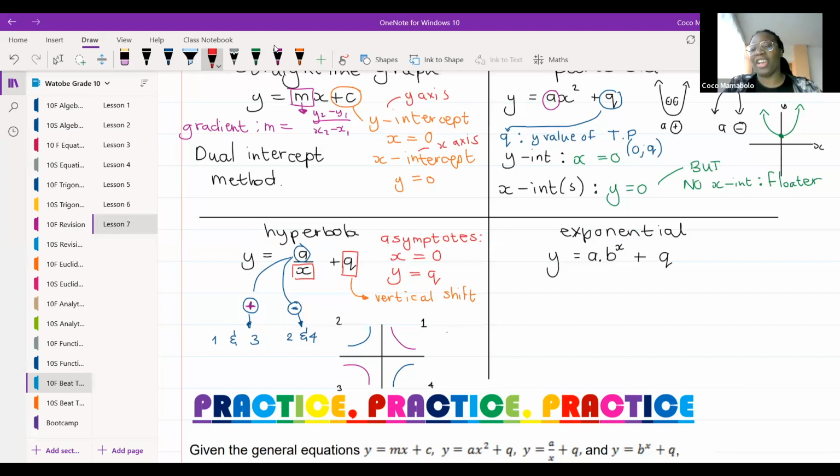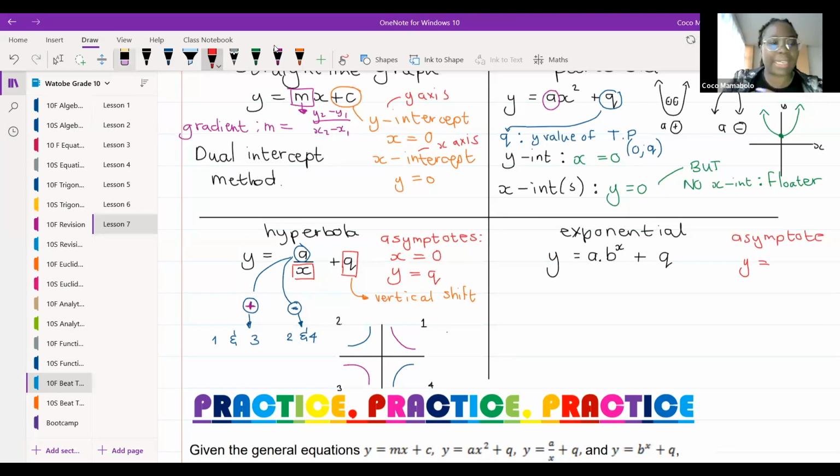Beautifully done. Good. It also comes with asymptotes. But in this case, we're only going to get one asymptote, right? We're going to get an asymptote at y is equal to what? Y is equal to... I'll give you a hint.